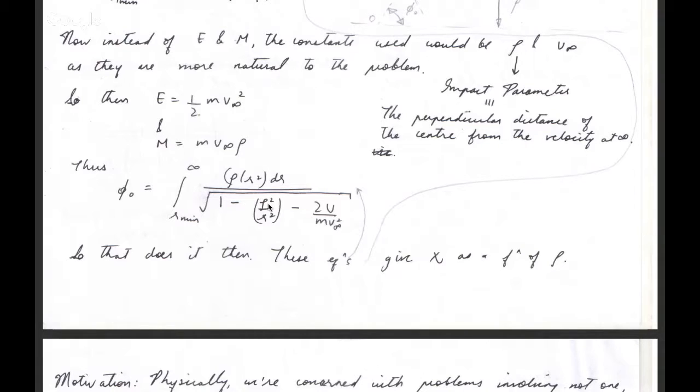So the entire expression will increase if I increase rho. So phi naught is an increasing function of rho, so pi minus 2 phi naught will be a decreasing function of rho. That should establish the result.